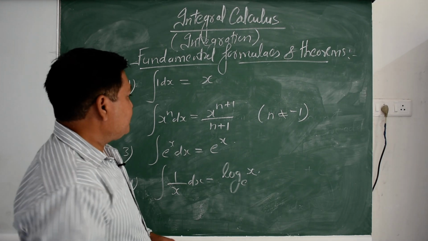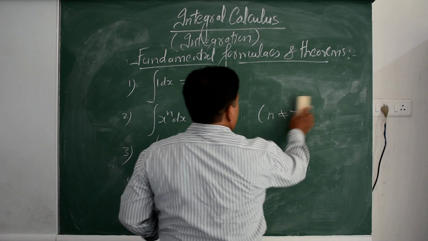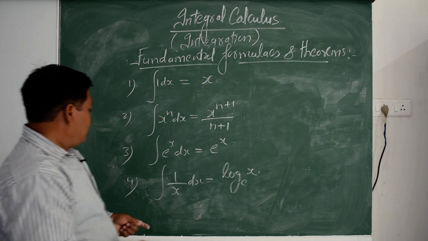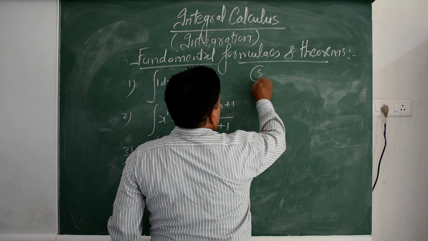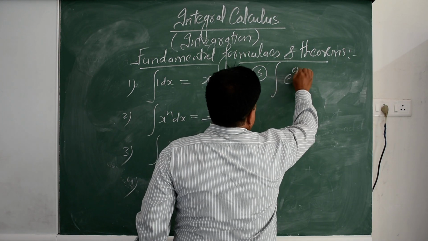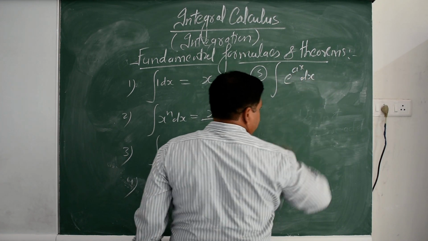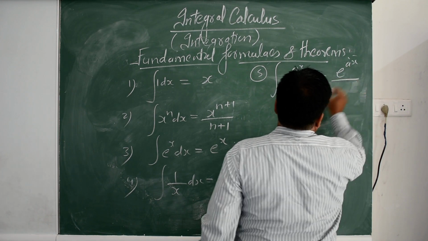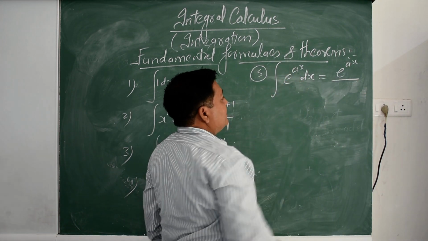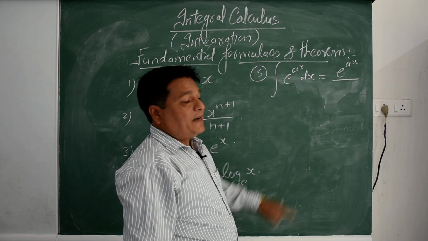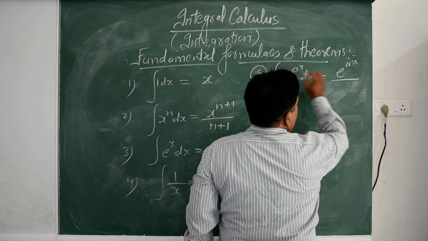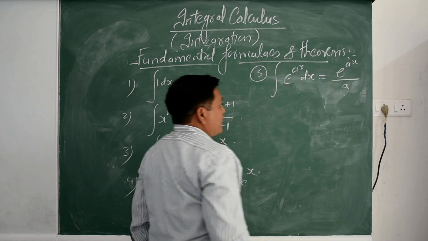Fifth one, integration of e to the power ax dx. In this case, its result will be e to the power ax, but we have to divide by the differentiation of ax with respect to x, so its differentiation will be a.